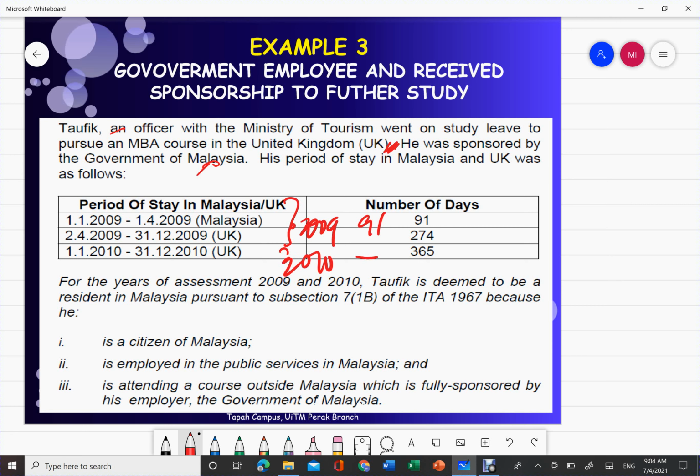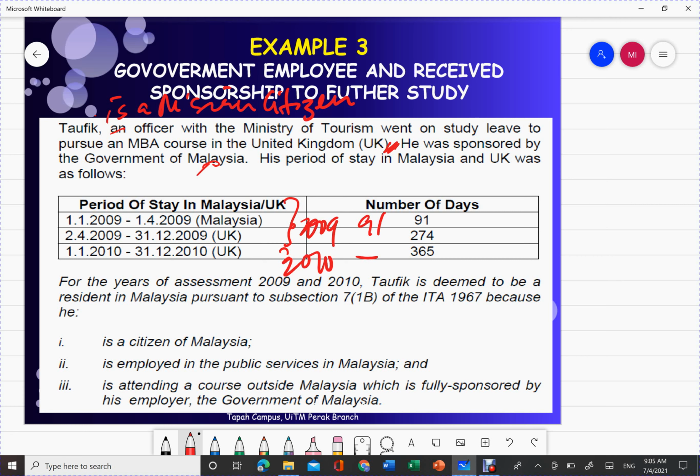So for this case, this question misses one sentence. It should mention Taufik is a Malaysian citizen. It must mention that. But normally the government would give the scholarship to a Malaysian citizen. We would not sponsor a non-citizen.